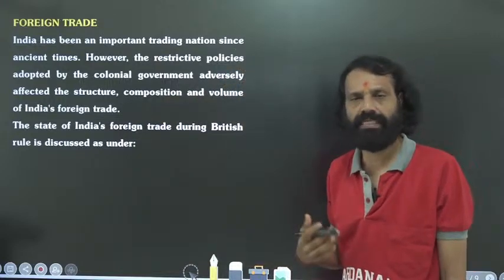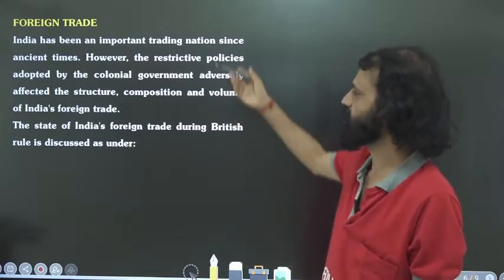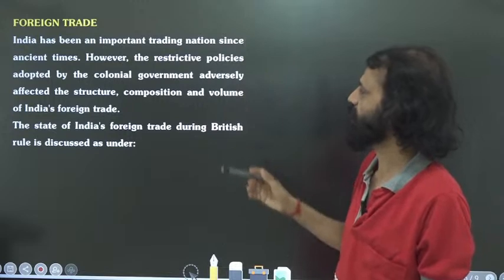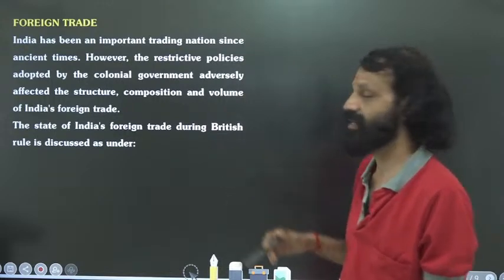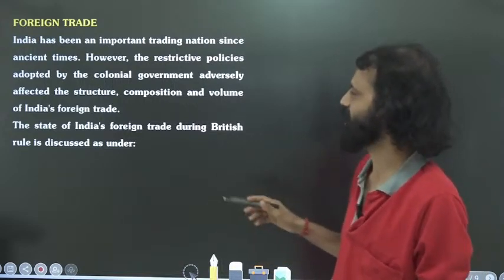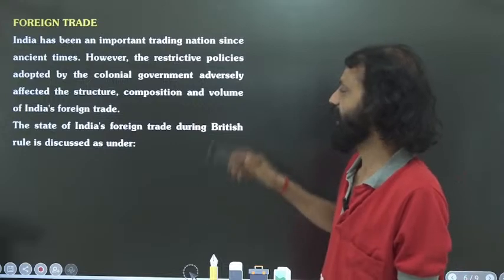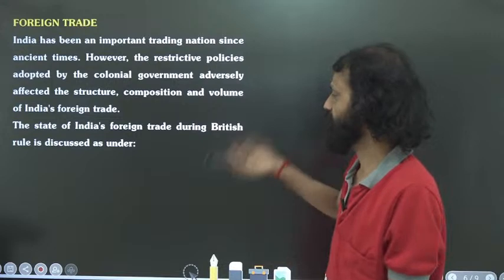India's foreign trade declined during British rule, due to their unwanted economic policies, which destroyed India's foreign trade as well as its domestic industries. We have already studied that.